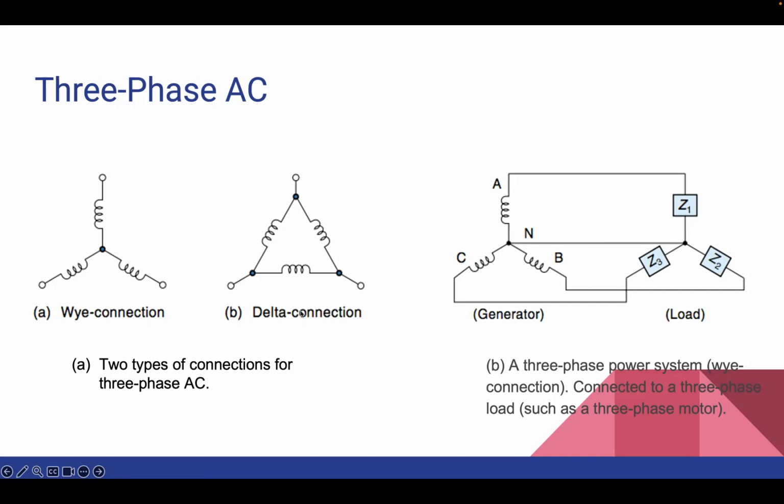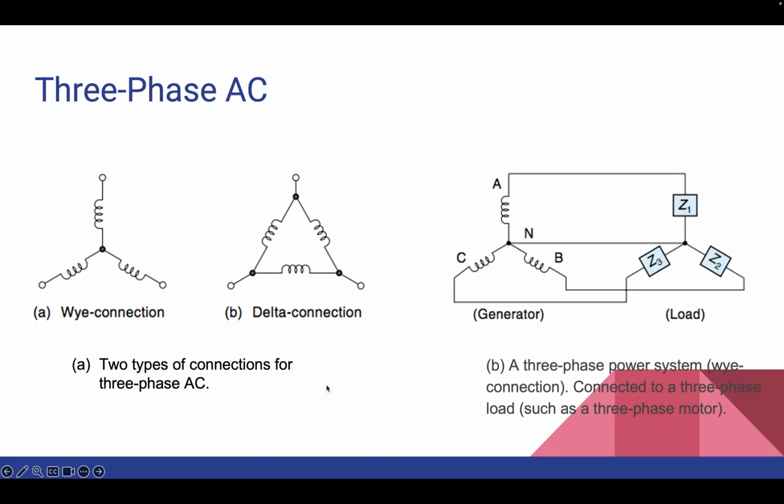In contrast, in the delta connection arrangement, the three phases form a triangle without a neutral cable, and here the phase voltage is equal to the line voltage with respect to the ground.